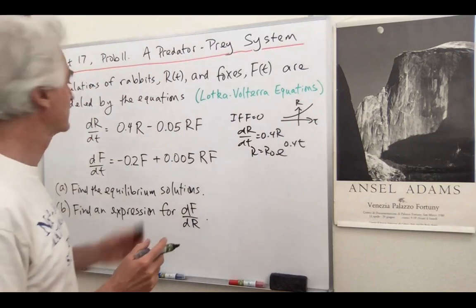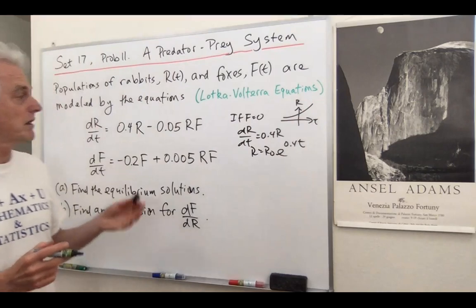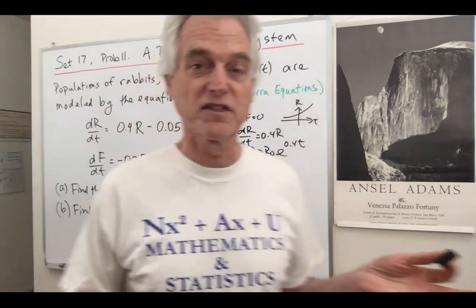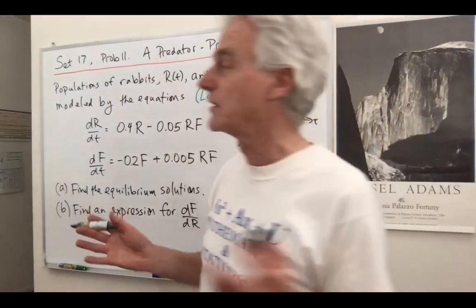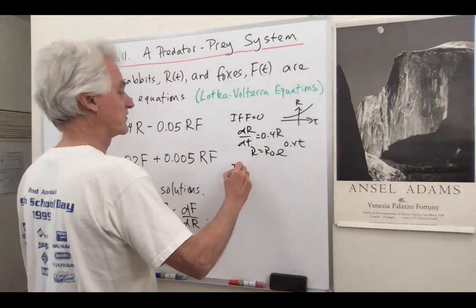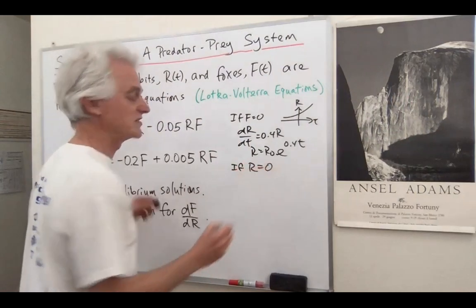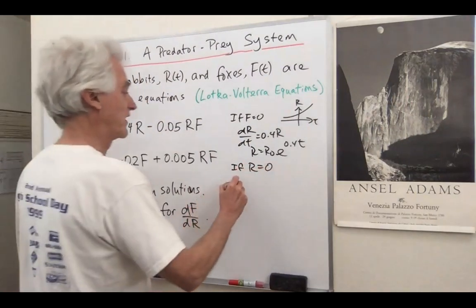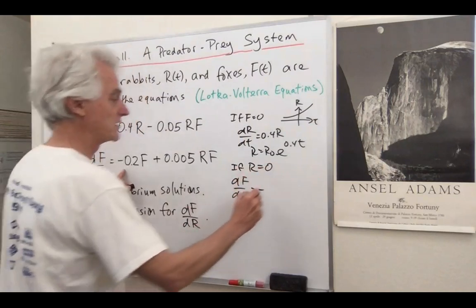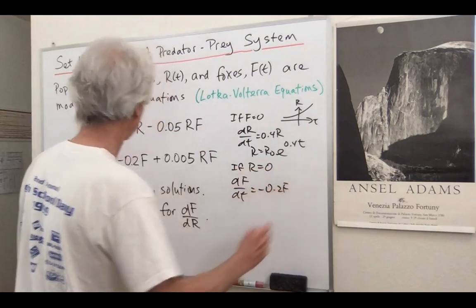Now, what happens if there are no rabbits and just foxes? Well, the foxes will starve to death, and we can see that by this. If there are no rabbits, then dF/dt is a negative constant, negative 0.2F.